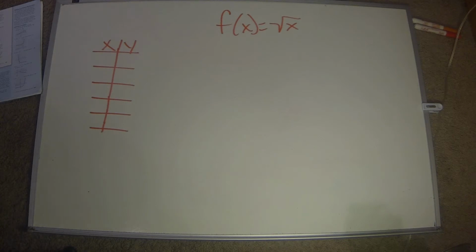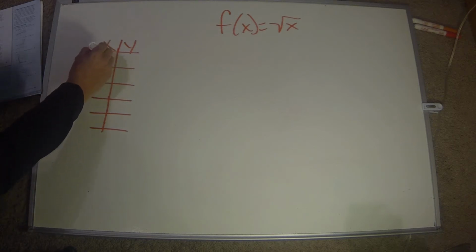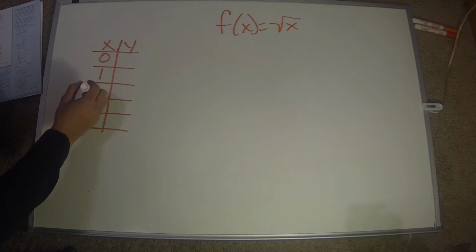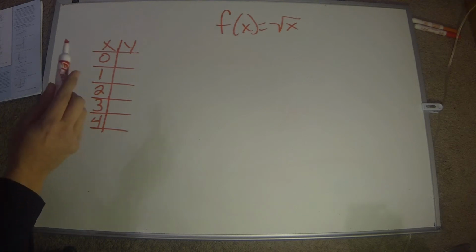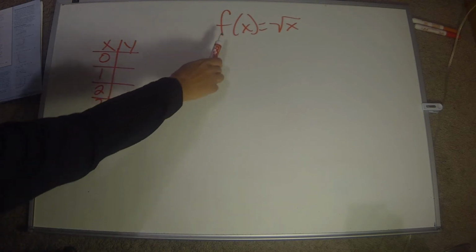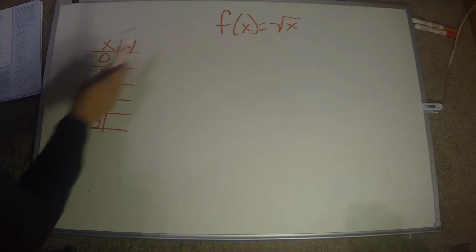So in this case, if we pick 0, 1, 2, 3, and 4. So we have our f of x equals the square root of x.